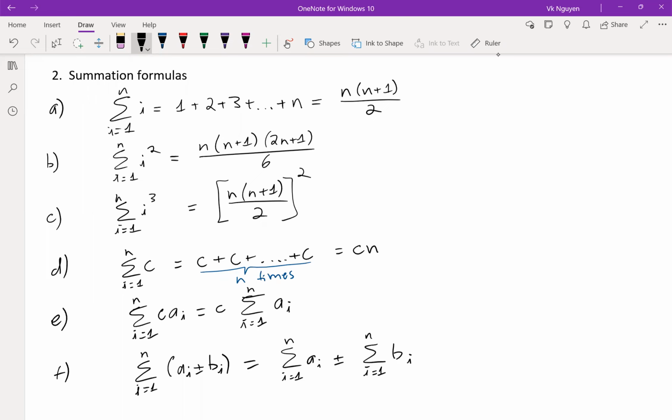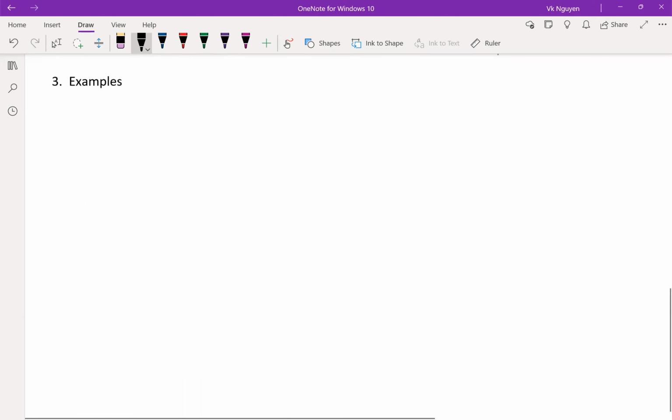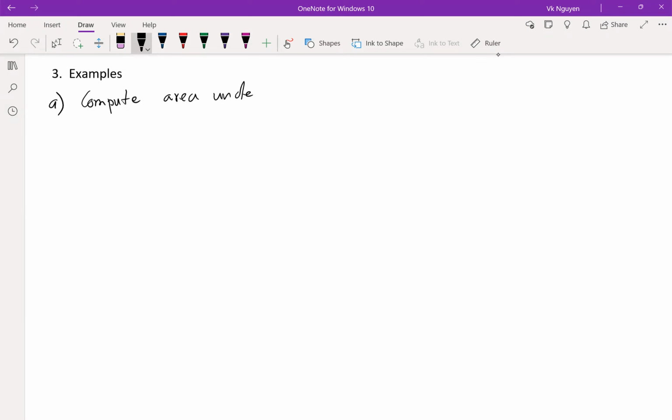Let's take a look at an example similar to what we did in the previous section. In the previous section, we only estimated the area under the parabola from 0 to 4. Now we're going to compute the area under f of x equals x squared on the interval 0 to 4.